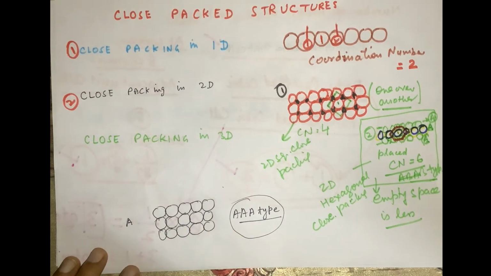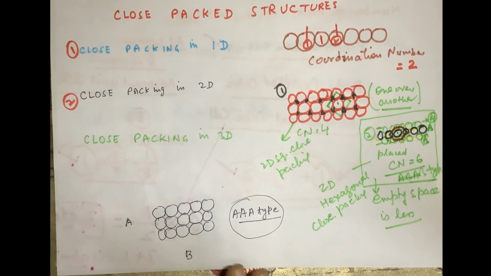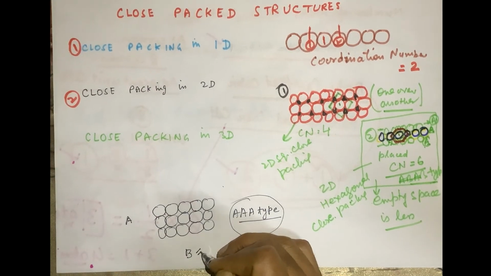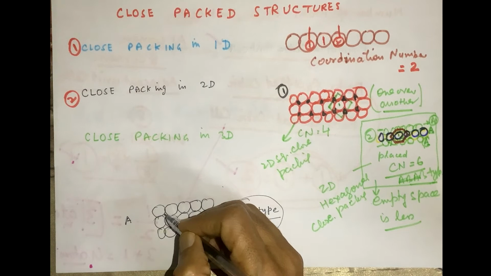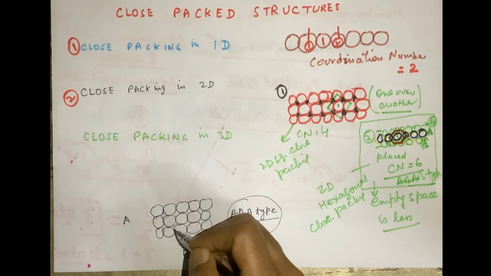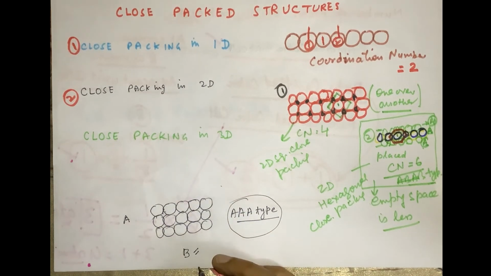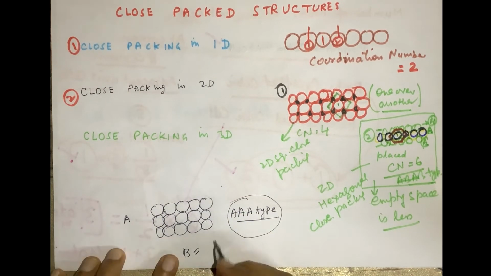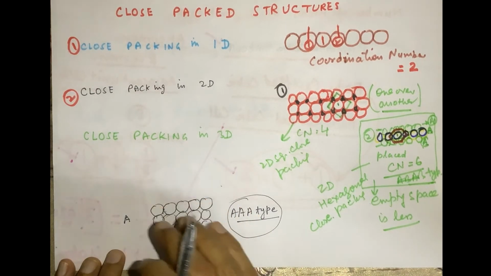Since the spheres of the two layers are aligned differently, we say that second layer is B because they are aligned separately. The B layer particles are placed in between the depressions. Where there is empty space, the B particles have come. So the layer is a different structure, a B type structure, placed over the A-type structure.